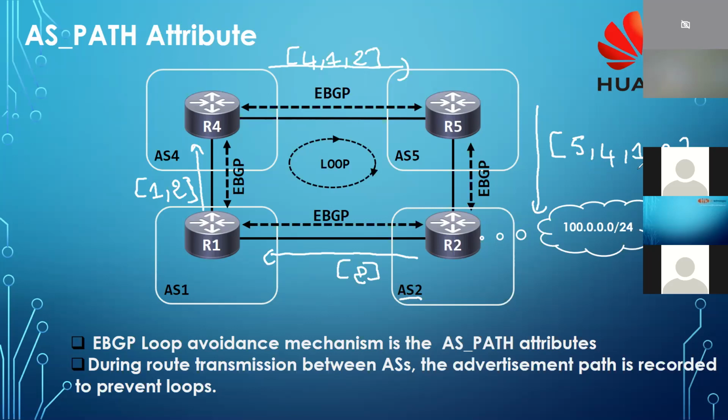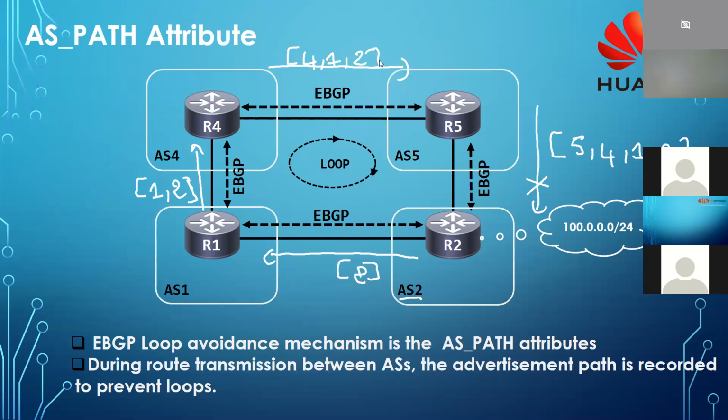It will see, this is my autonomous system, this update came from me. A router will not accept a route if it finds its own autonomous system inside the route. So R2 will discard this update.